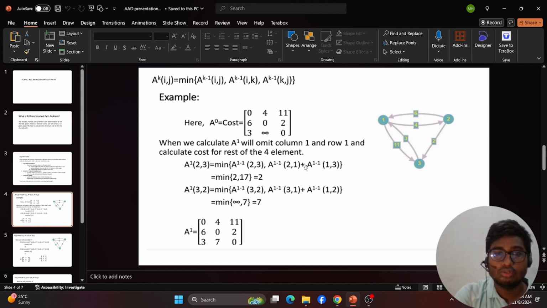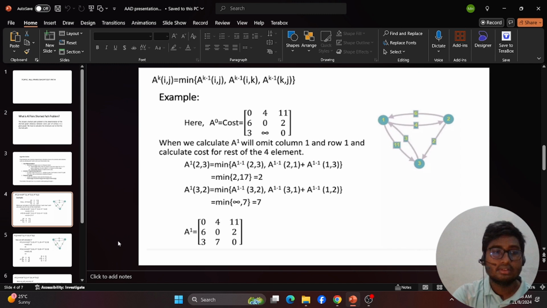After calculation we see that the minimum value is 2. Again we calculate the 3 row and column value, and after calculating we see that the minimum value is 7. Now we put the values in the A1 matrix.